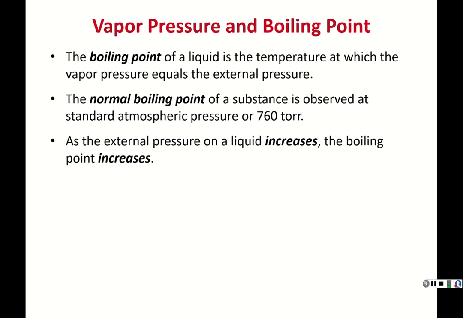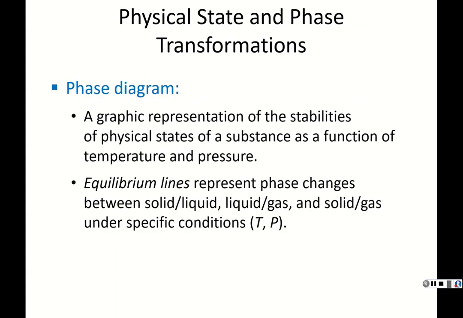So that's why the boiling point of water is slightly less in Denver than it is at sea level, because you have less external pressure on the liquid water when you're trying to heat it up to boil it. So it boils at a little bit lower temperature in Denver compared to sea level.